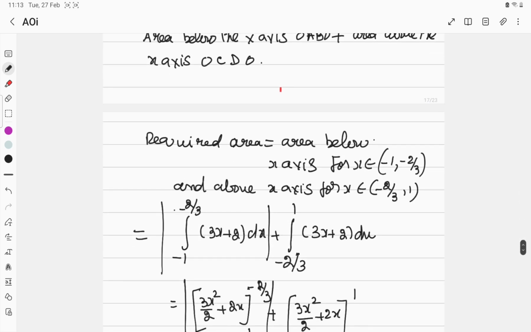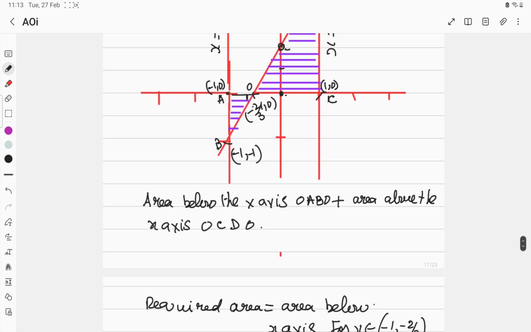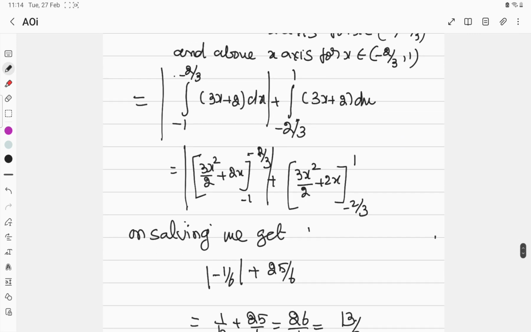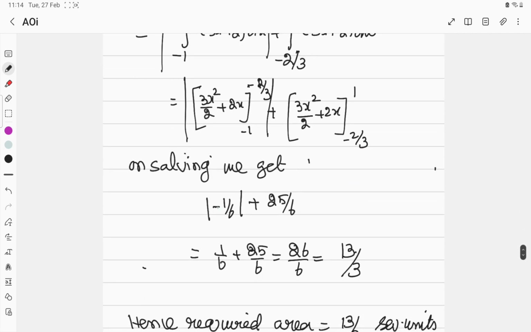So the required area is equal to the integral from −1 to −2/3 plus the integral from −2/3 to 1 of (3x + 2) dx. So on solving, 3x²/2 + 2x, using upper limit −2/3 and lower limit −1, and likewise upper limit 1 and lower limit −2/3, we get −1/6 + 25/6.